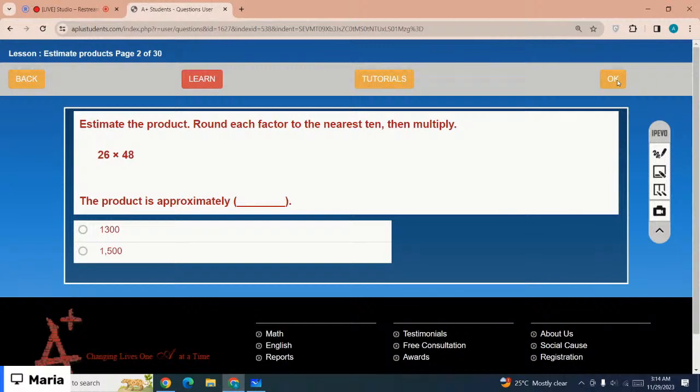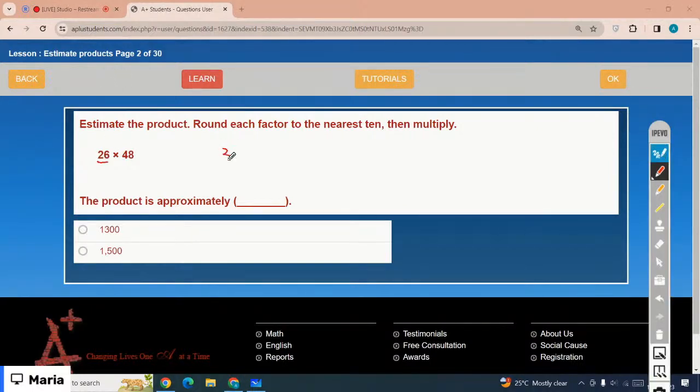Estimate the product. So which is the correct option? 26 is rounded to which 10? 26 is rounded off to 30, right? Then 48 is rounded off to 50.